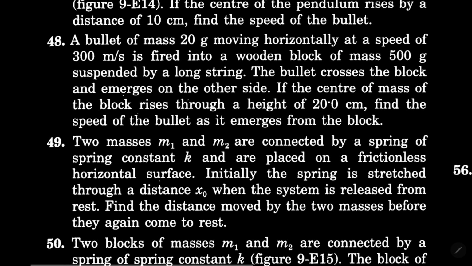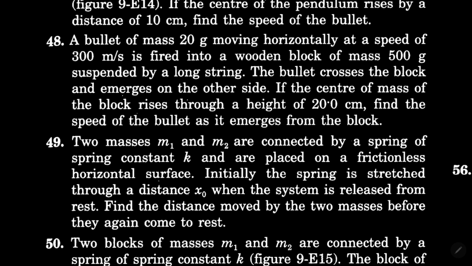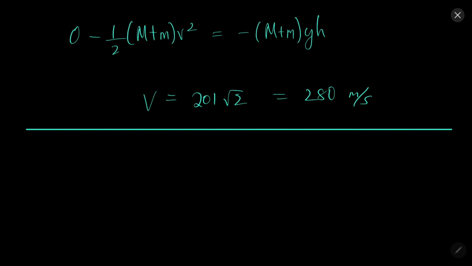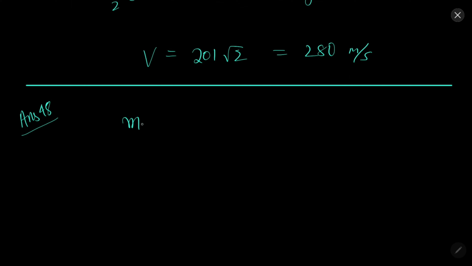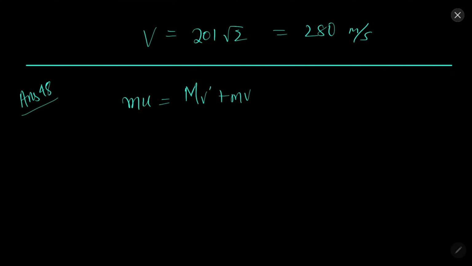In question 48, we have a bullet of mass 20 gram. We need to find the speed of the bullet as it emerges out from the block. Solution 48: again by conservation of linear momentum, we will have this scenario, and by applying the work energy theorem, 0 minus half mv dash square equals minus mgh.